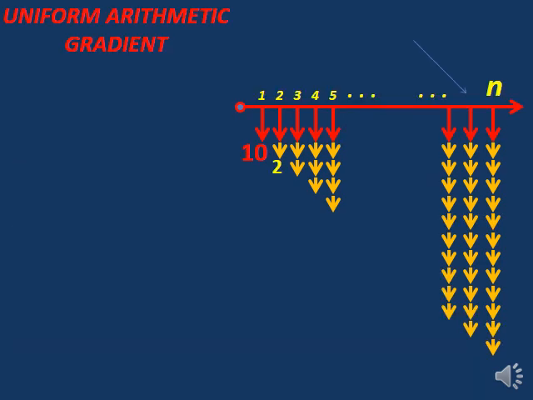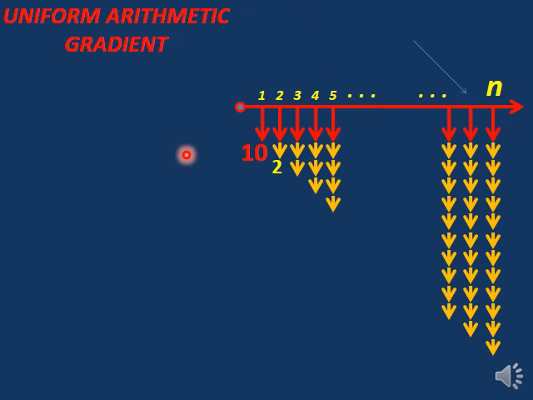In order to simplify our calculation, because I discourage depending on those formulas because they are so complicated, we may use another technique to compute the present worth of this gradient.